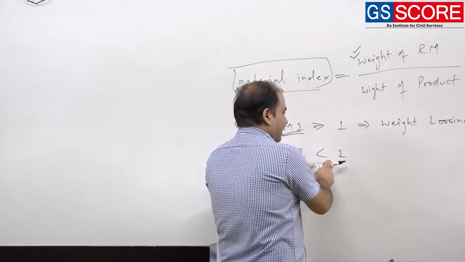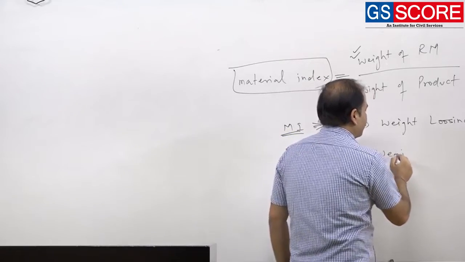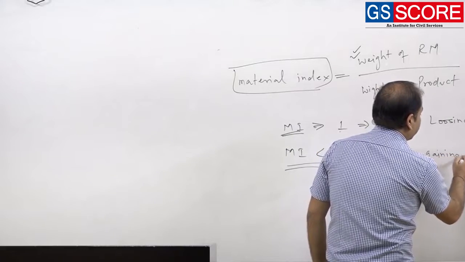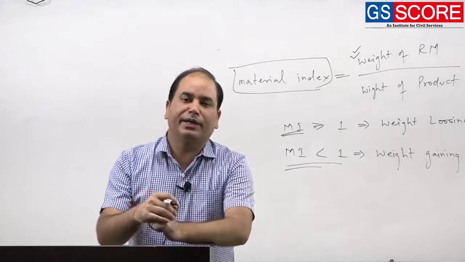Whereas if Mi is less than 1, you will have a weight gaining raw material, and the industry will be a weight gaining industry.